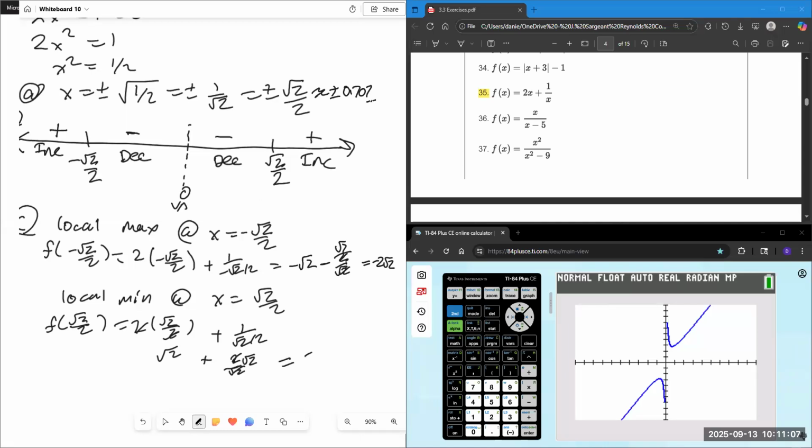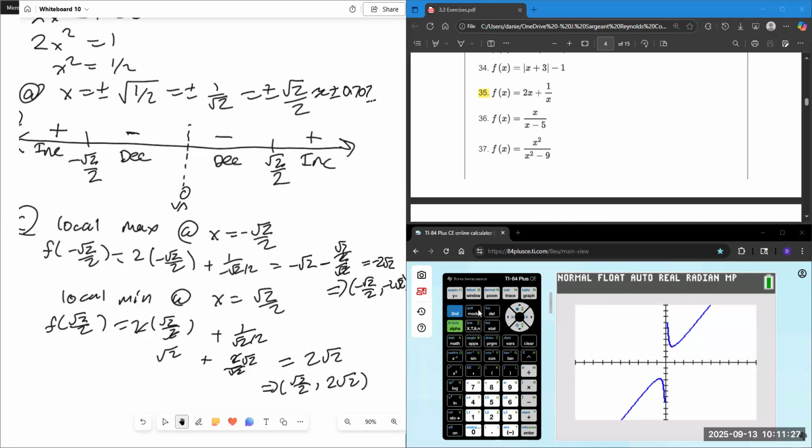So this is 2 root 2. This point is going to be negative root 2 over 2, negative 2 root 2. And this one is going to be root 2 over 2 comma 2 root 2.